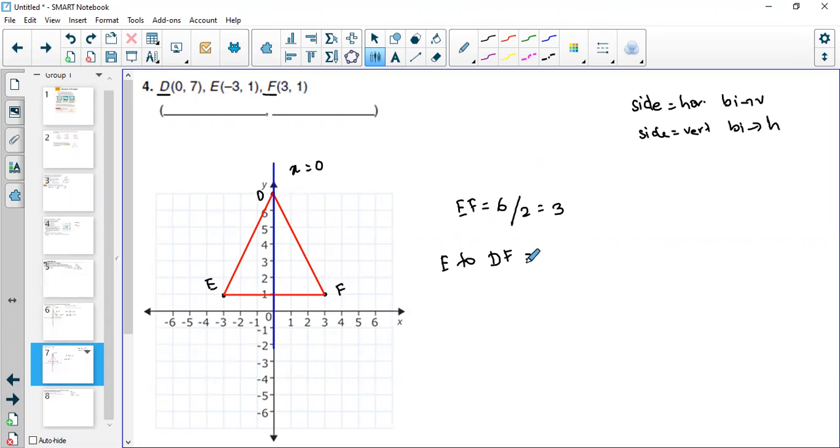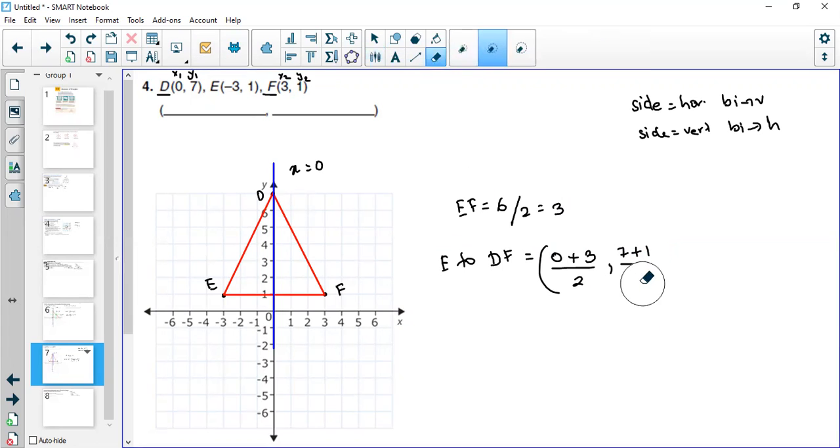Okay, so let me do that. So x1 is this, y1 is this, x2 is this, and y2 is this, right? So x1 plus x2 divided by 2, and then y1 plus y2 divided by 2.